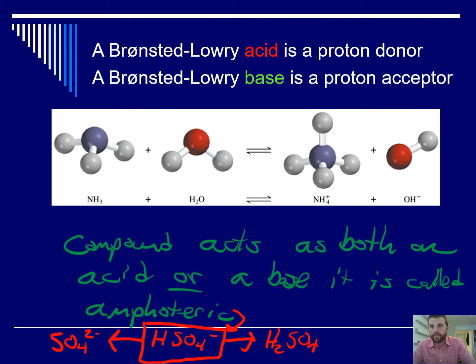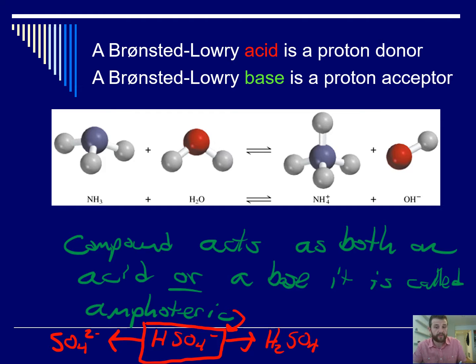One thing I do want to talk about really quickly while I'm here on this slide is if you ever have a compound or a molecule that acts as both an acid or a base, this is called amphoteric.